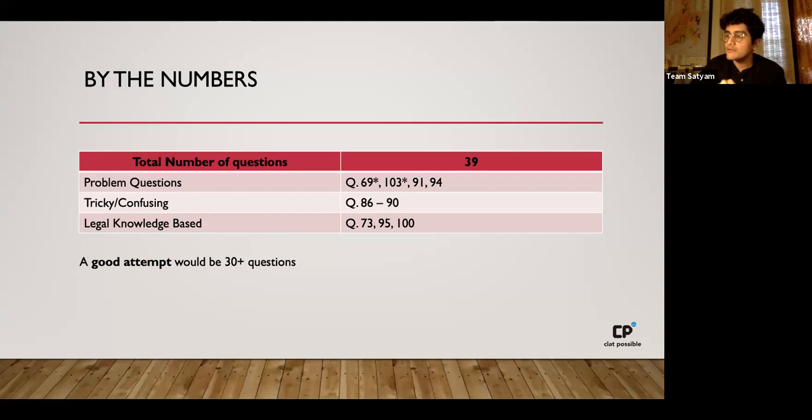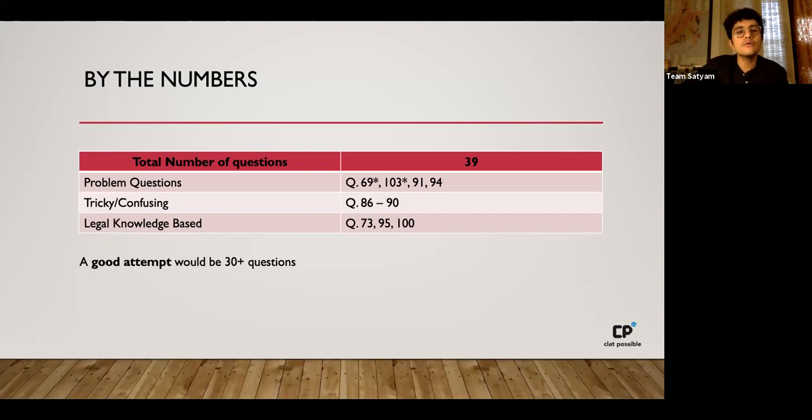The question being that the issue of obscenity is fundamentally related with which of the following, right? So the correct answer was freedom of speech and expression. This was not exactly legal knowledge, but it was something that you could have arrived at by looking at the contents of the passage, while knowing what exactly is contemplated within freedom of speech and expression.